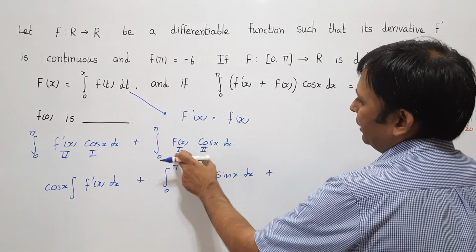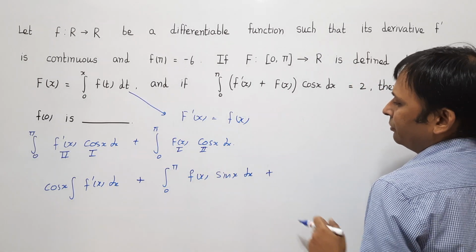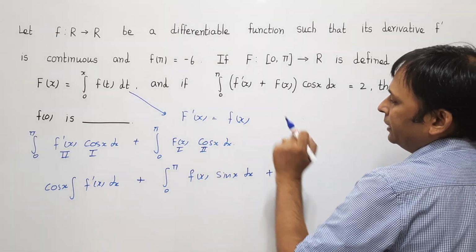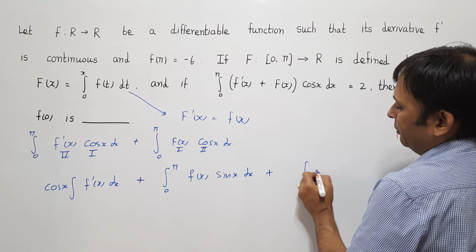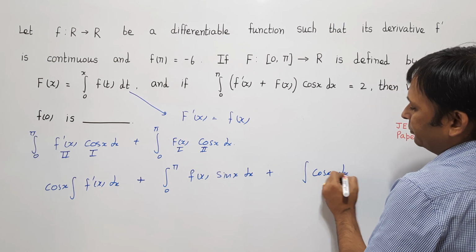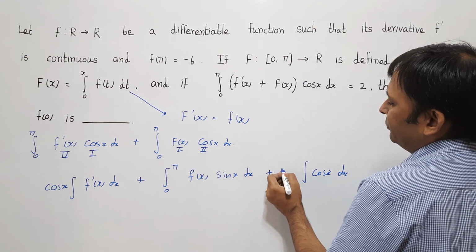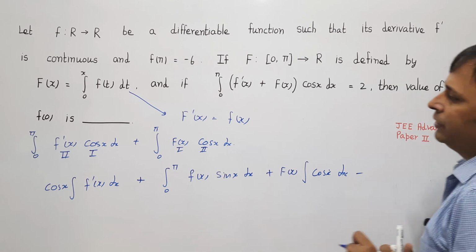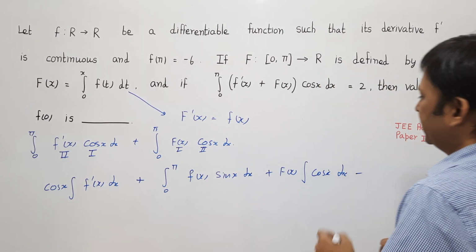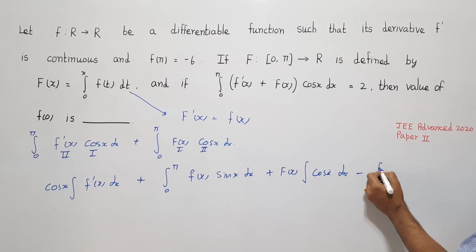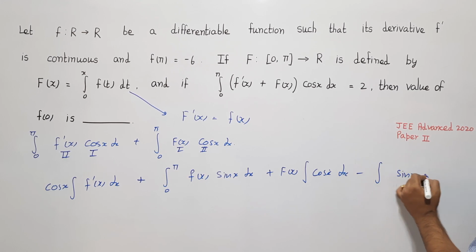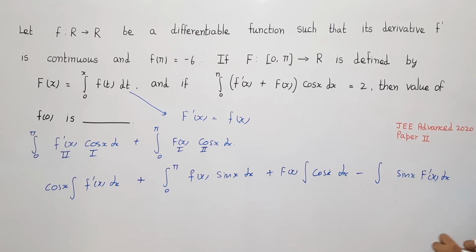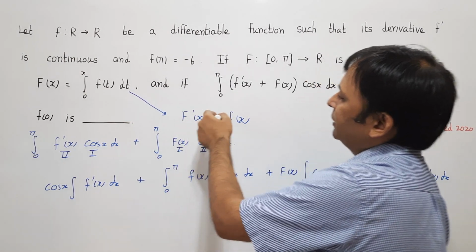Now these two functions are multiplied and we have to find the integration. We will first integrate the second function, cos of x, multiplied by the first function capital Fx written as it is, minus the integration of sin x, which is the integral of cos of x, into the derivative of capital Fx, which I am writing as capital F dash x, and in the next step capital F dash x is small fx.